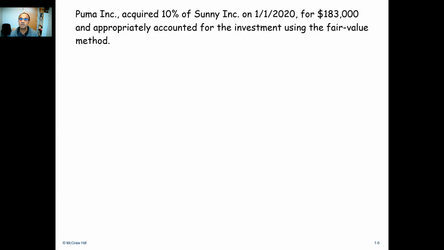So here we say Puma Incorporation acquired 10%. So we know that 10% is not significant, of Sunny, and this is the name of the subsidiary company, on January 1st, 2020, for $183,000 and appropriately accounted for the investment using fair value. So here the exercise is telling you which method you should use in answering the exercise.